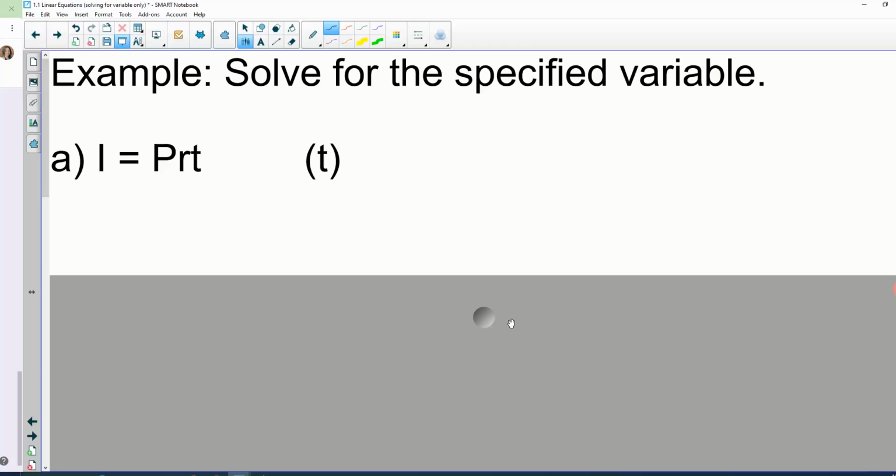I just want to know, how do I get the t by itself? Divide. What do we have to divide by? P and R. And we can do that at the same time. It doesn't have to be two separate steps. It's all multiplied together. So t equals I over PR.